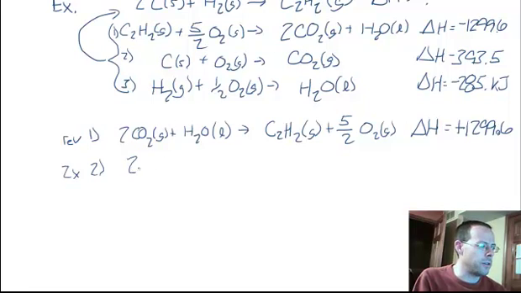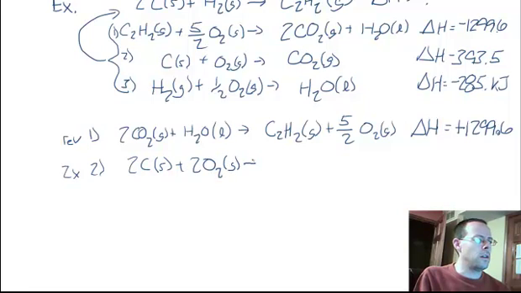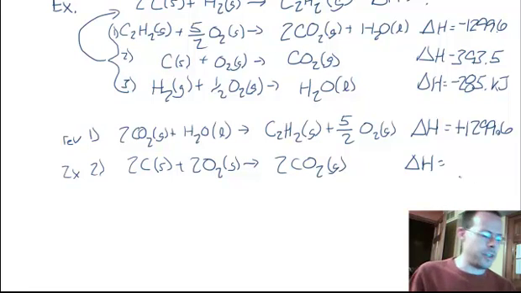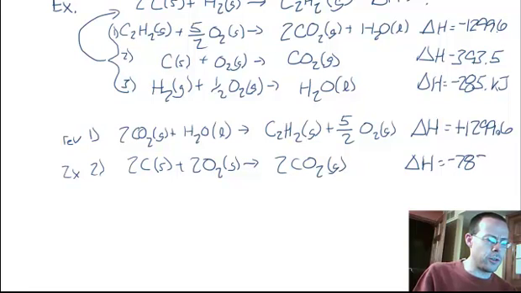I have 2 carbons, which are solid, reacting with 2 oxygens to give me 2 carbon dioxides. Because we doubled our moles, we also double our delta H. Whatever heat is given off should double as well. So this becomes negative 787 kilojoules.